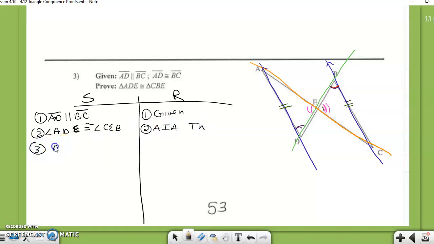Then I have that AD was congruent to BC, and that was given. So I have angle AED is congruent to angle CEB, and that was my vertical angles theorem.